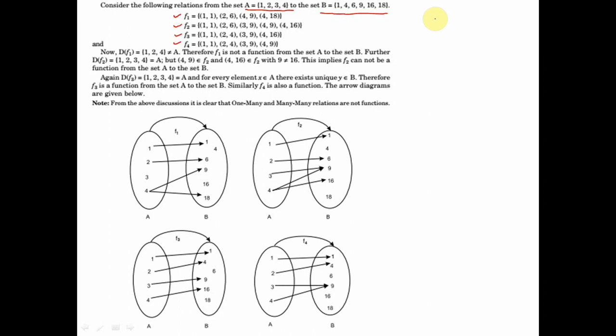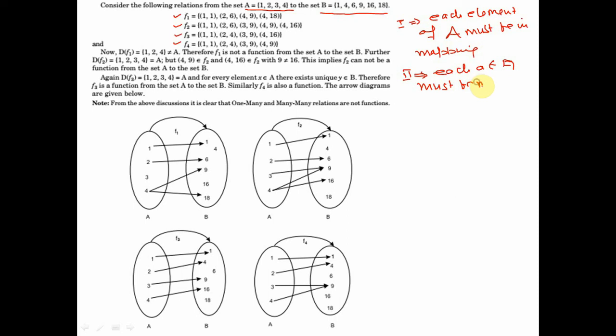Condition number 1 was each element of A must be in mapping. The second condition says each a belonging to A must be mapped to a unique element b belonging to B, right?